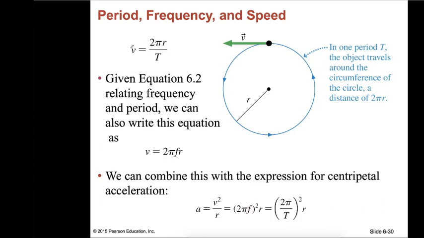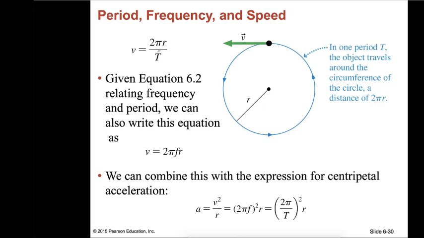And the speed can be calculated by the length of the circle over the period. The length of the circle is 2 pi r, so 2 pi r over T is the speed.